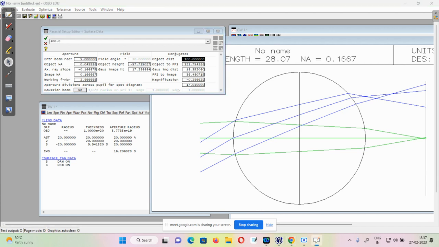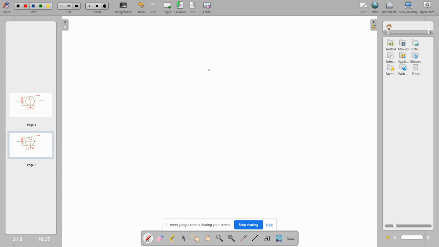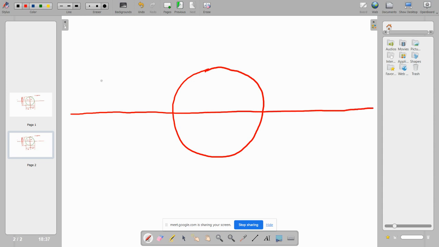I have a system. I don't know the properties of the system, but I know one thing: when I keep my object at 100 centimeter from the first surface, it will have some principal plane.